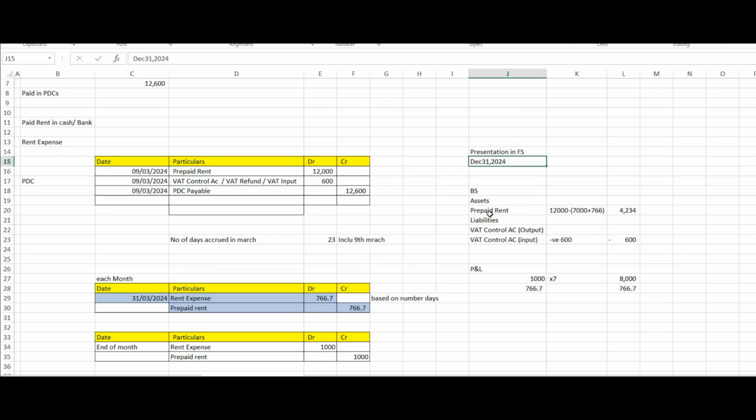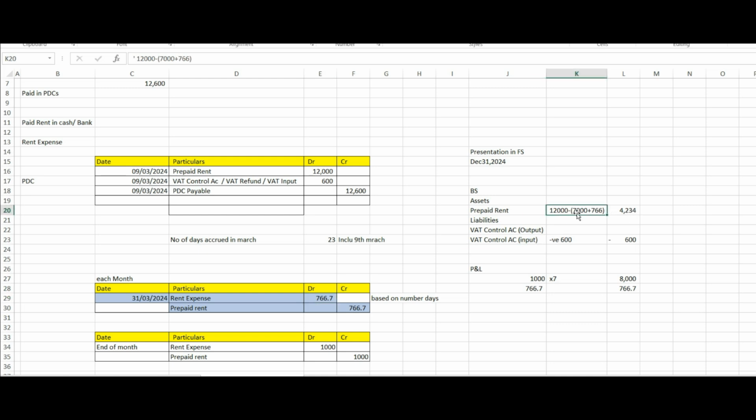On 31st of December 2024, your prepaid rent would be 12,000 minus 7,000, because for 7 months the full month's rent was charged. So 1,000 multiplied by 7 is equal to 7,000, plus in the month of March only 766 was charged.